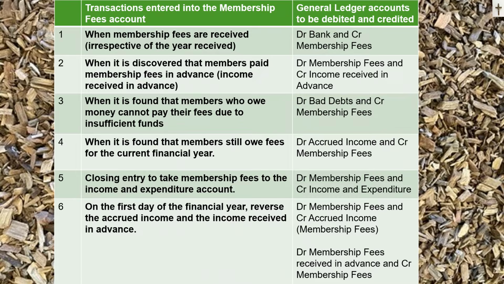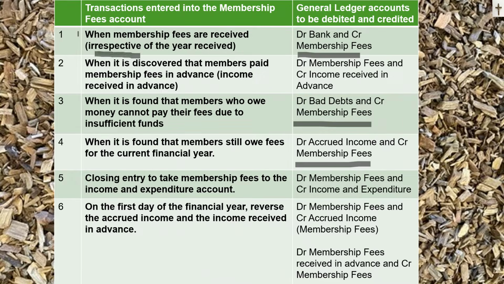Now, like I said, the focus of this lesson is the membership fees account, and we want to prepare you for quiz 2, the NMNU students. So these are the transactions that go into the membership fees account. Number 1, when membership fees are received, membership fees is income to the club.